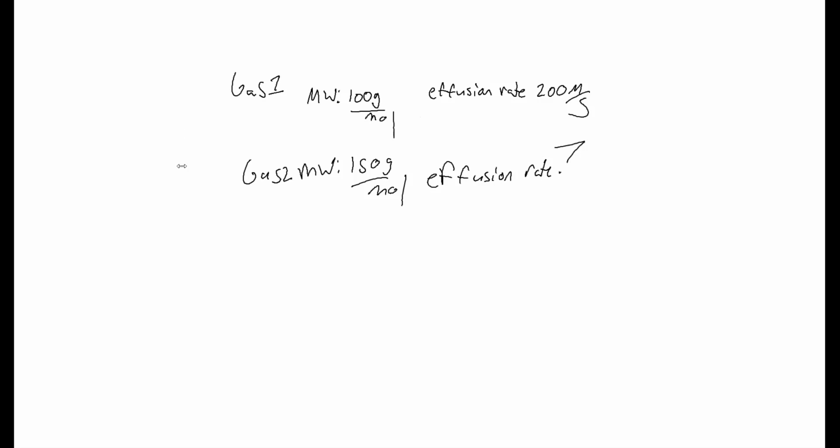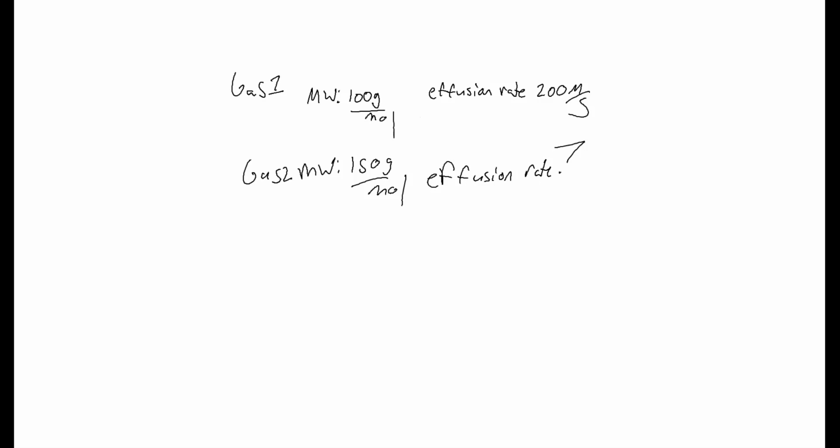For this, I actually need to look up the equation, because this is one of the few equations that for some reason I can never memorize, which is why I usually give people equation sheets. This is Graham's Law of Effusion. I know there's a square root in there.